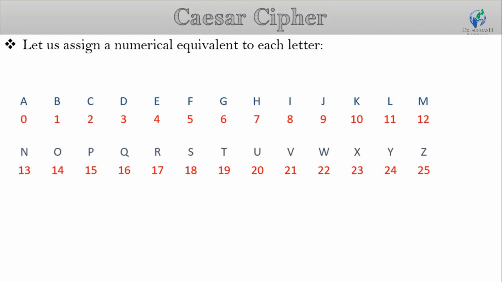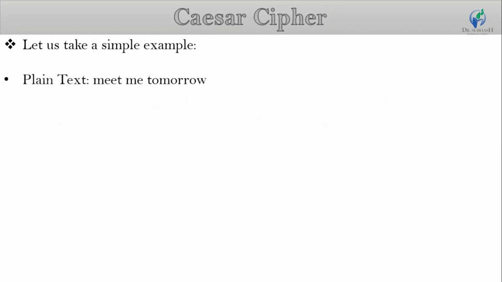Now, let us take a simple example for Caesar cipher. The plain text is meet me tomorrow.